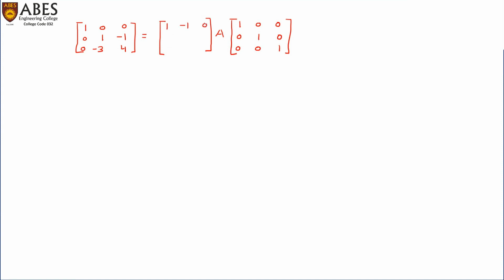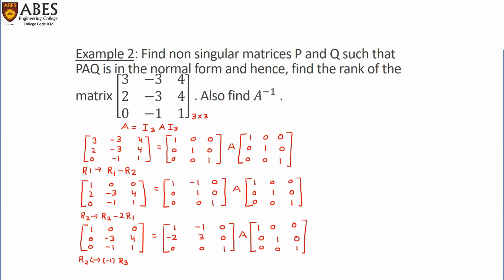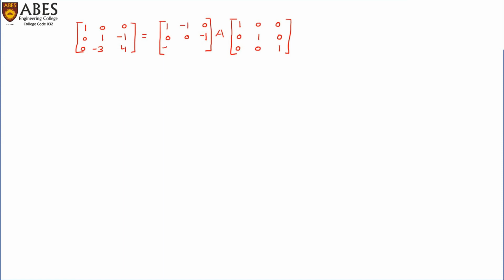The pre-matrix becomes 1 minus 1, 0, 0, 0, minus 1, then minus 2, 3, 0. With the help of this, making this element 0: R3 is replaced by R3 plus 3 R2, which is 1, 0, 0, 0, 1, minus 1, 0, 3 plus 3 is 0, and 4 minus 3 is 1.